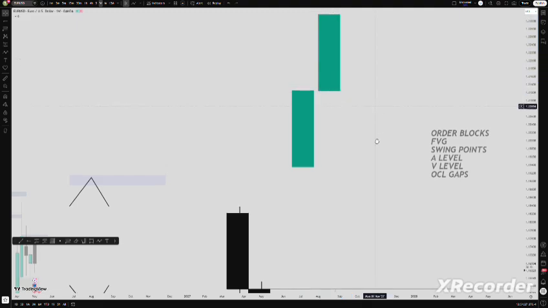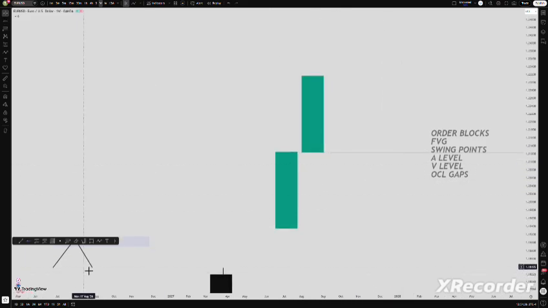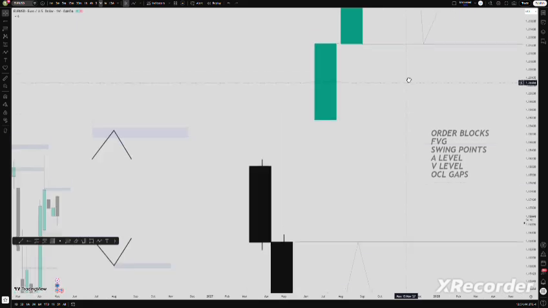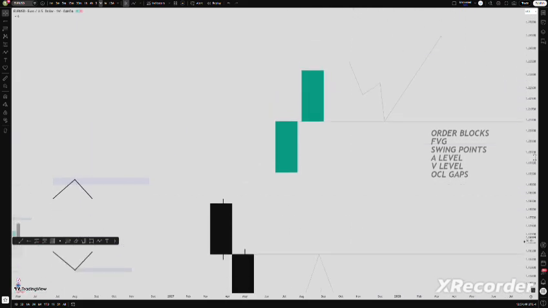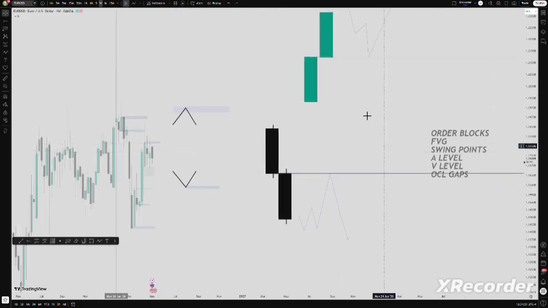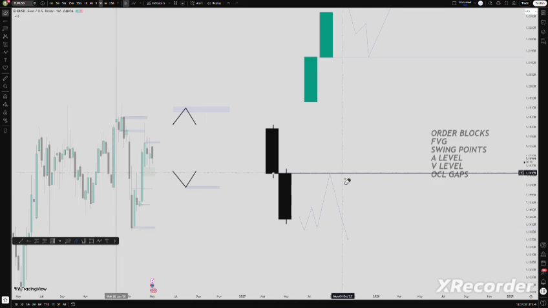We grab expansion with the wicks, obviously. Now this level right here is your OCL level, and you could have price referring back to these levels to use them as support to go higher. These are what we refer to as our open close gaps. To show you examples on the charts, let's go into some examples.